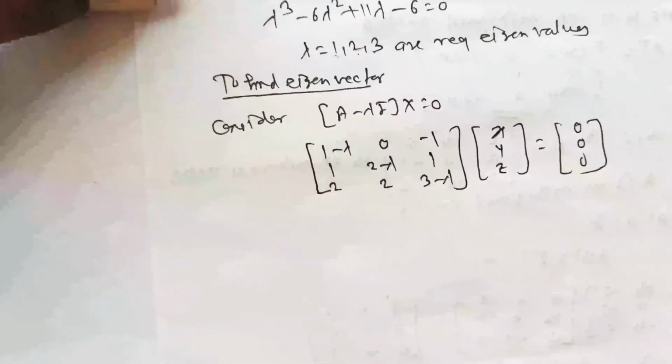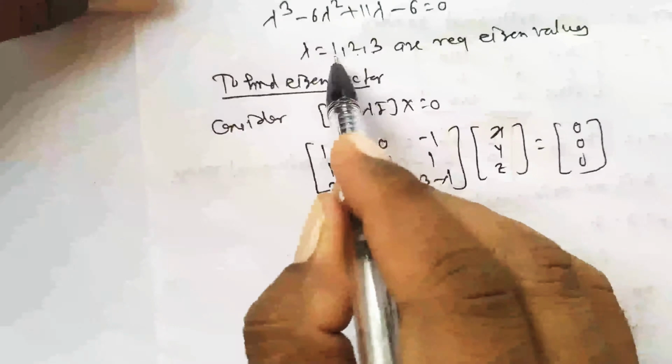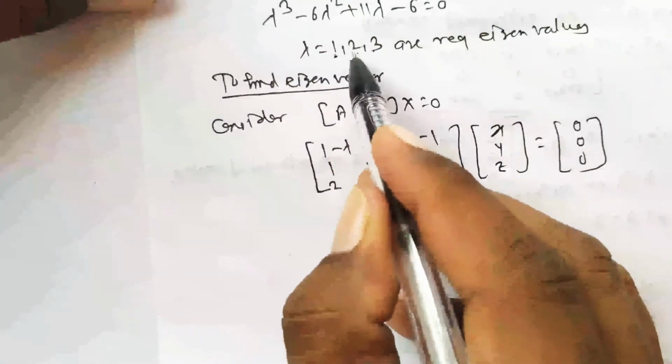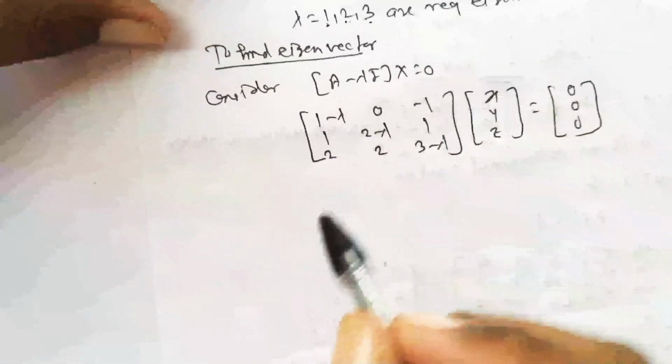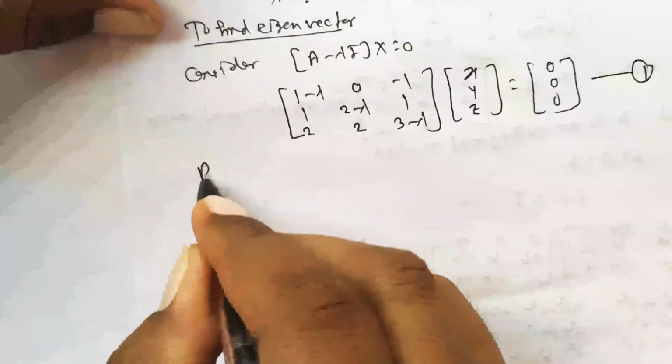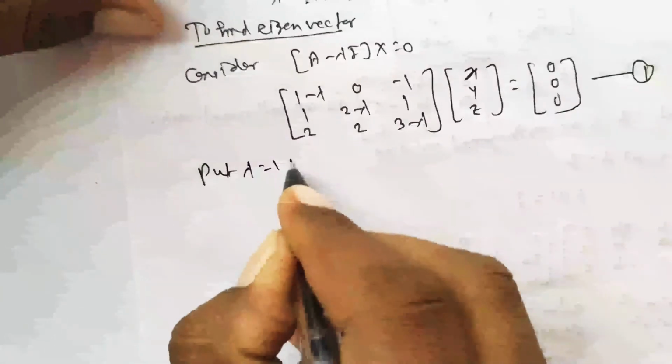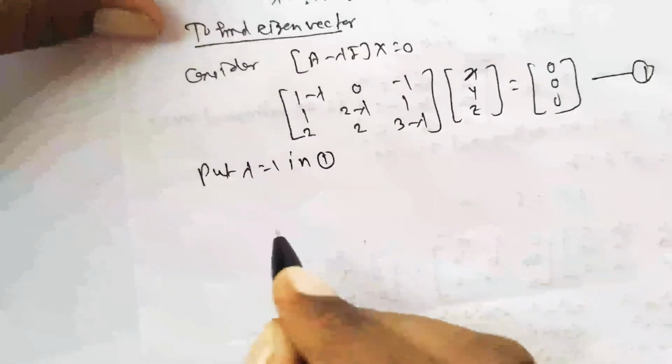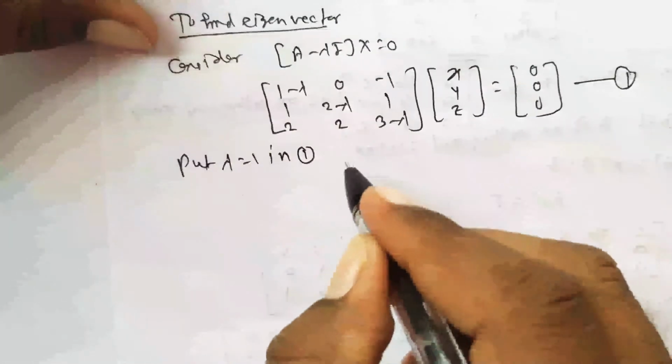Now take the eigenvalues one by one. First we have to find the first eigenvector for lambda equal to 1, then for lambda equal to 2, and then for lambda equal to 3. So this is, say, equation 1. We have to put in the eigenvalues one by one. Now put lambda equal to 1 in equation 1, and then consider any two distinct rows and apply Cramer's rule.